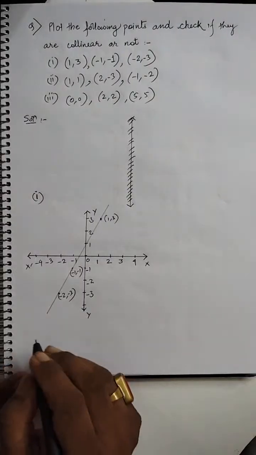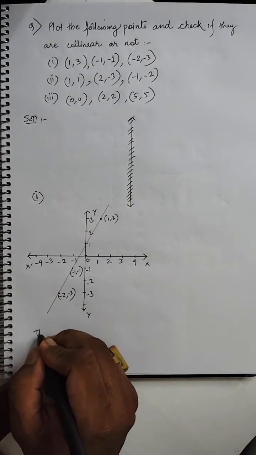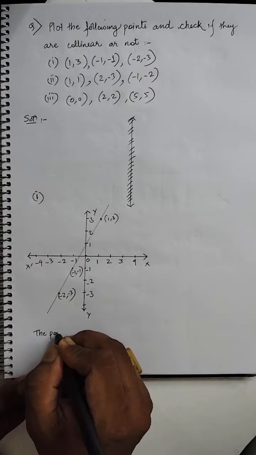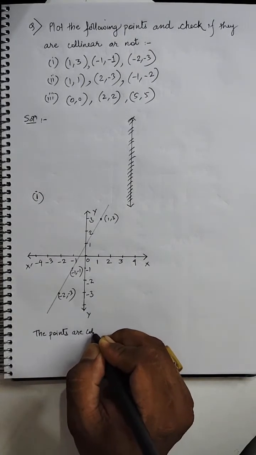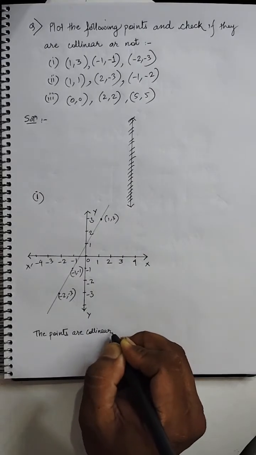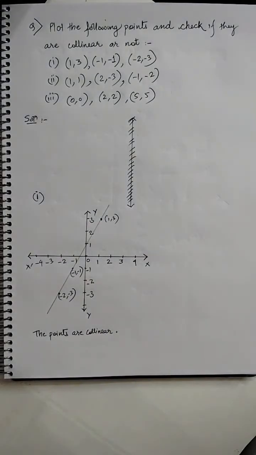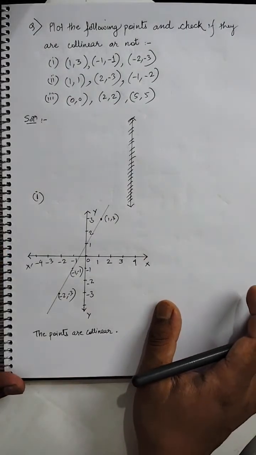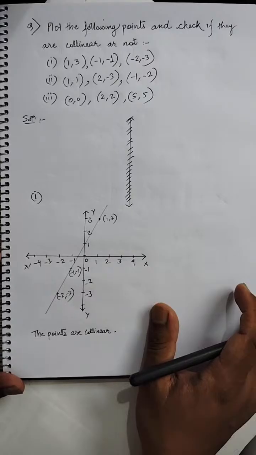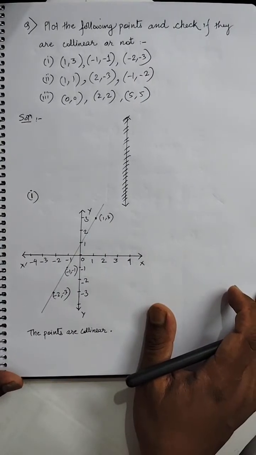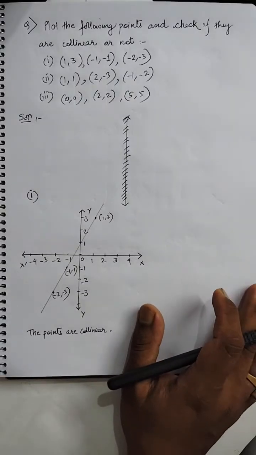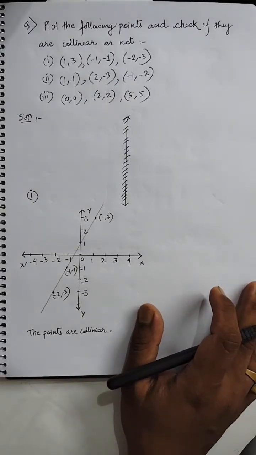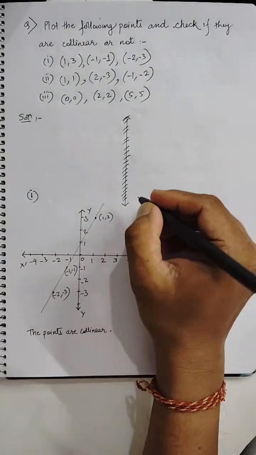So we can write the points are collinear. Next, question number 2.